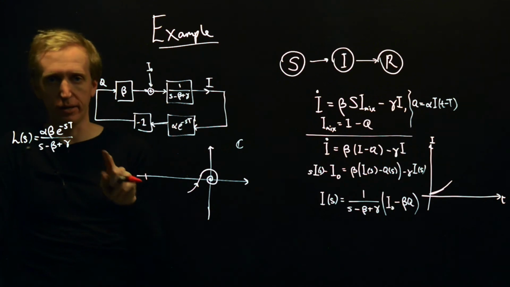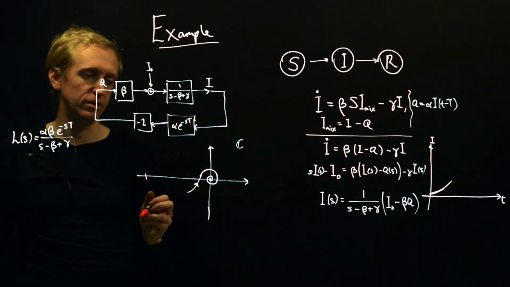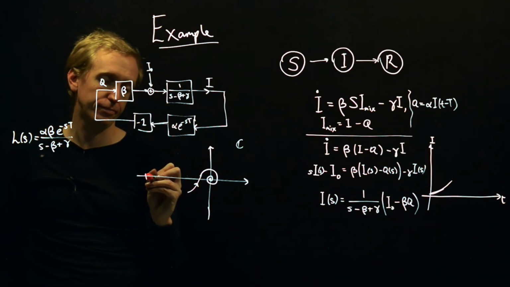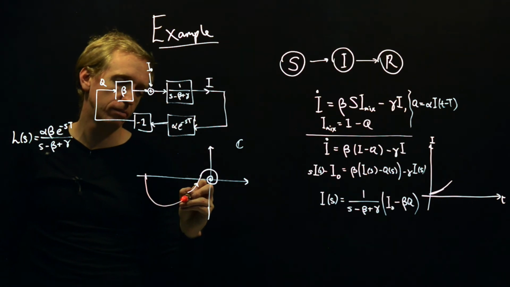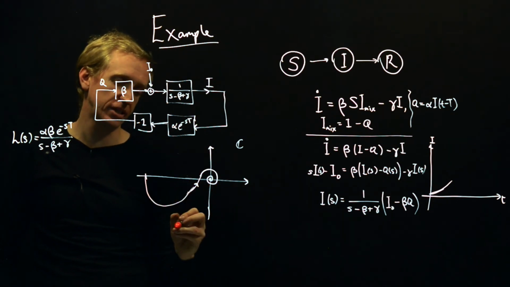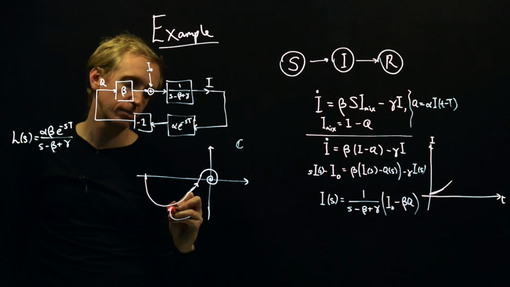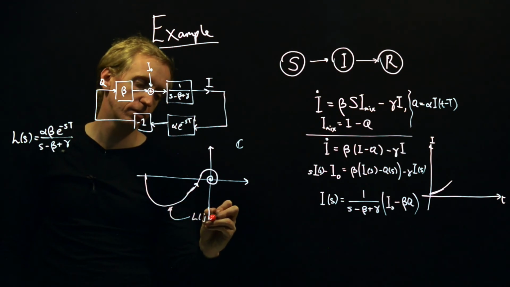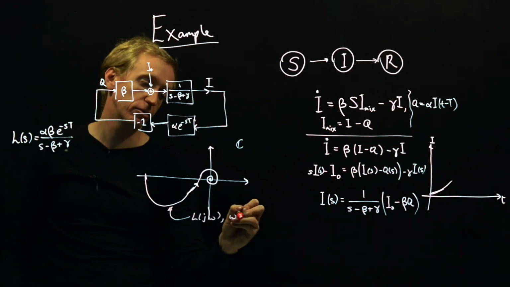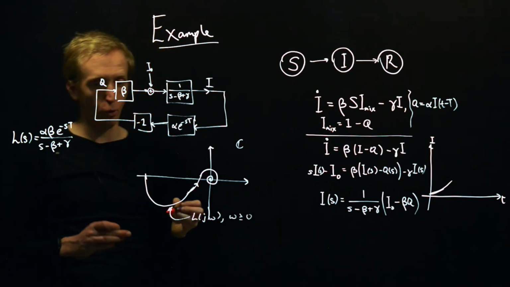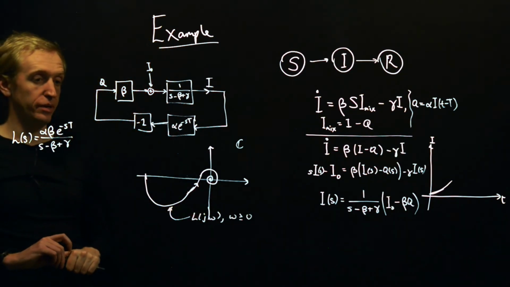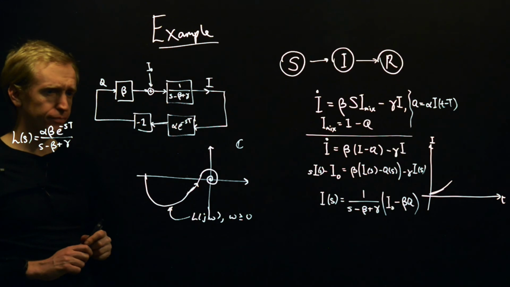And then if you go away and you try some other parameters and you plot things together, we get some plot that looks like this. So this is L of j omega for omega greater than or equal to 0. So we're almost ready to apply the Nyquist criterion.